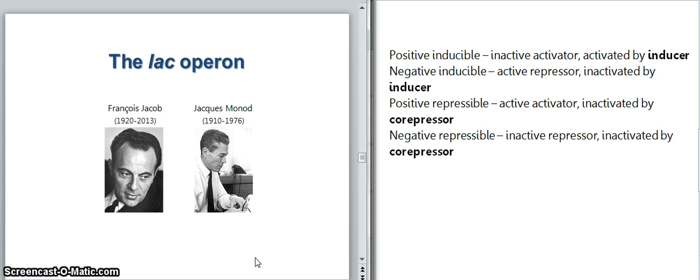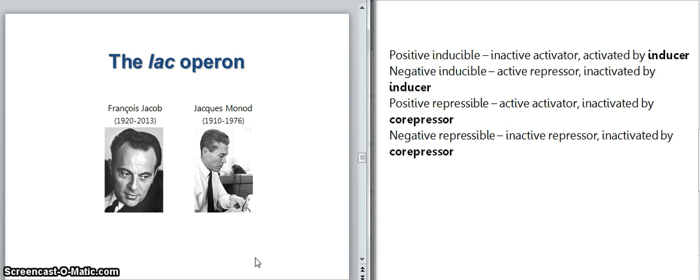All right, so we've been talking about operons in abstract, random examples. So let's talk about the very first and most famous operon, the Lac operon. It was first discovered in 1961 by Francois Jacob and Jacques Monod, and in 1965 they won the Nobel Prize for Physiology or Medicine for this discovery.